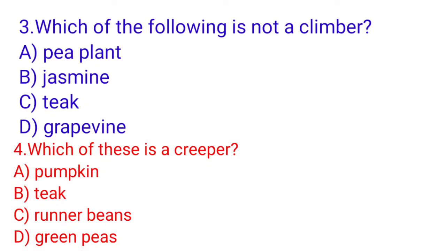The options are A. Pumpkin, B. Teak, C. Runner beans, D. Green peas. Yes, beta, think which of these is a creeper. Oh yes, you are absolutely right.